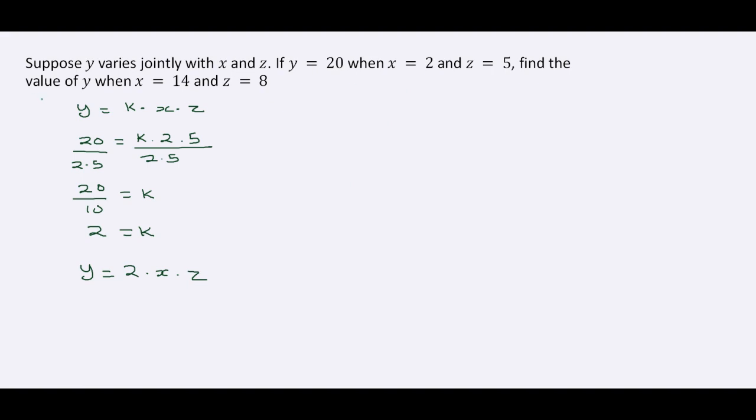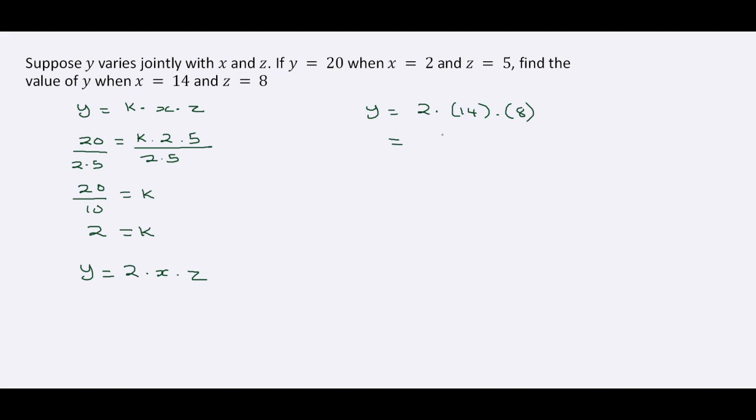Now we want to find the value of y when x is 14 and z is 8. Okay, so y is equal to 2 multiplied by x, which is 14, and z, which is 8.